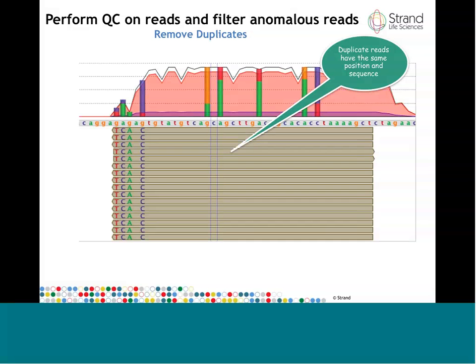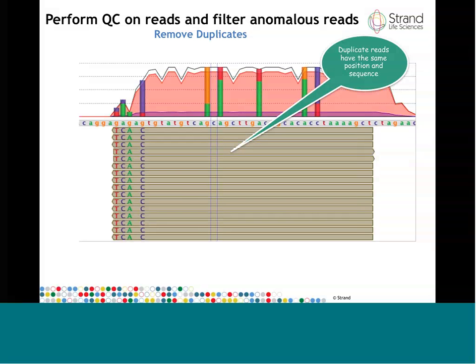The problem with duplicate reads is that they are not independent observations of a particular base, and therefore, if there's an error in the PCR, then that error is going to show up in all of these reads. What you ideally need for SNP calling is independent reads which assay a particular base independently.